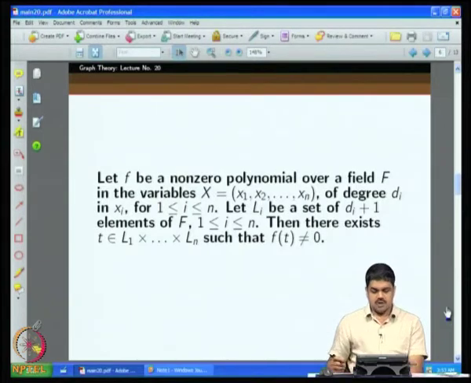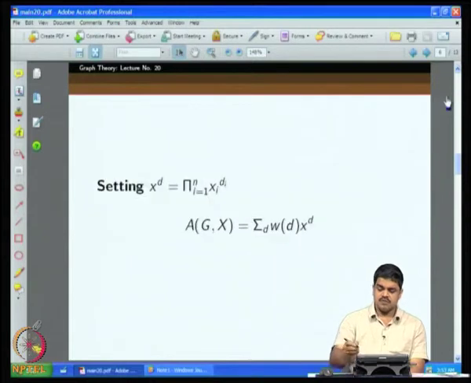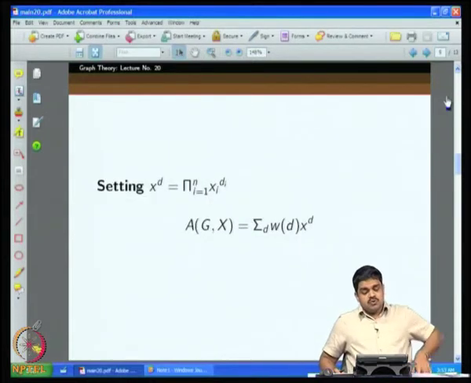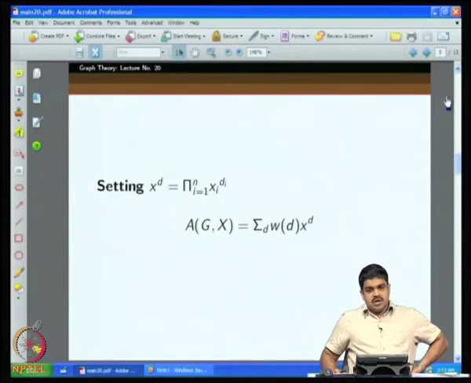Now, our intention is to use this polynomial to show a result for the list coloring of graphs.